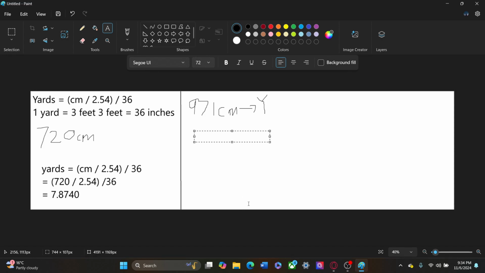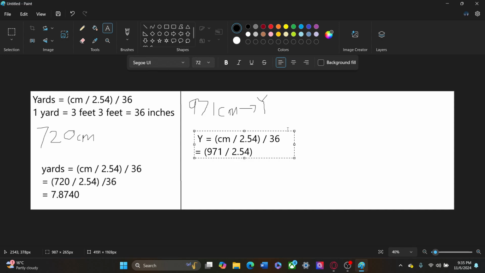So now we do yards equal centimeter divided by 2.54 divided by 36. Now we know that our centimeters equals 971.